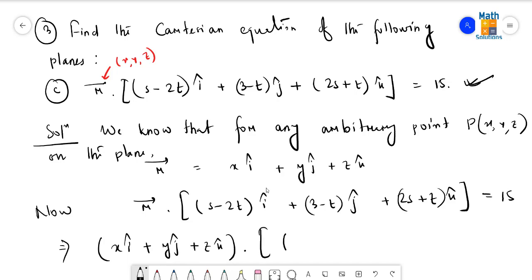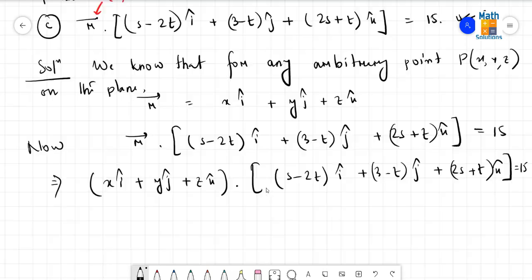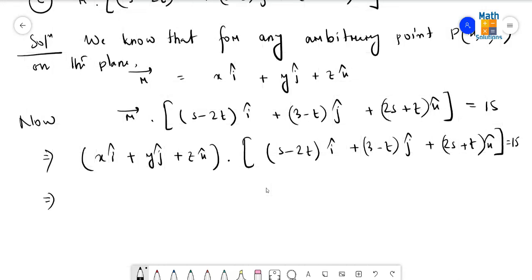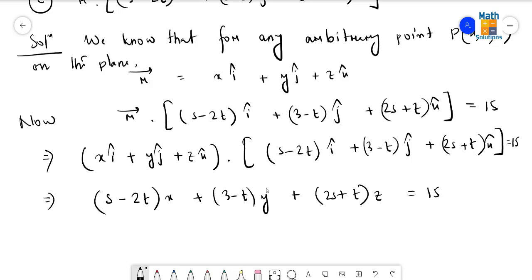After finding the dot product, we shall get (s - 2t) x plus (3 - t) y plus (2s + t) z is equal to 15.